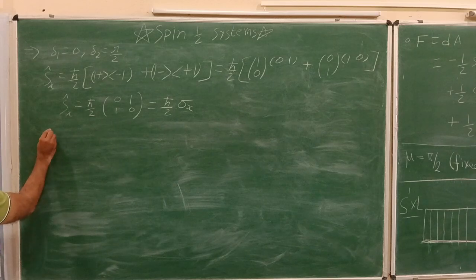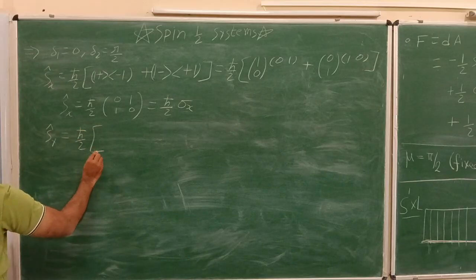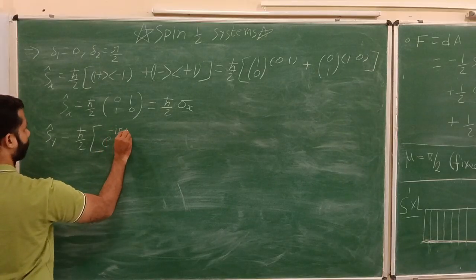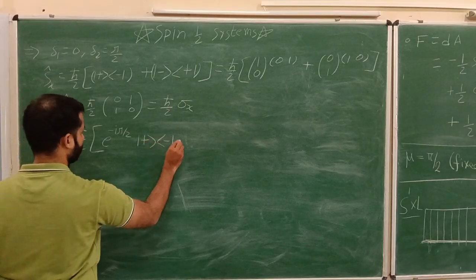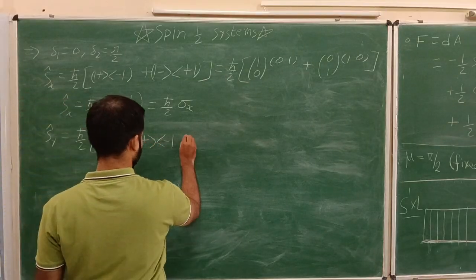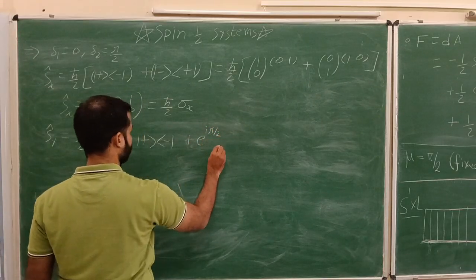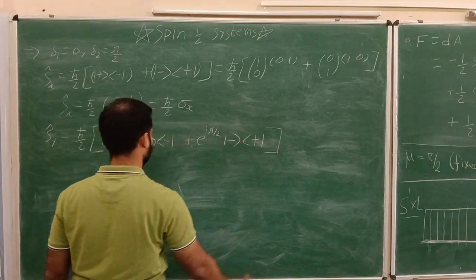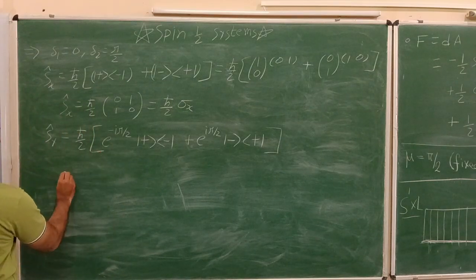Similarly, the first part will be 0, this will be a complex entry.